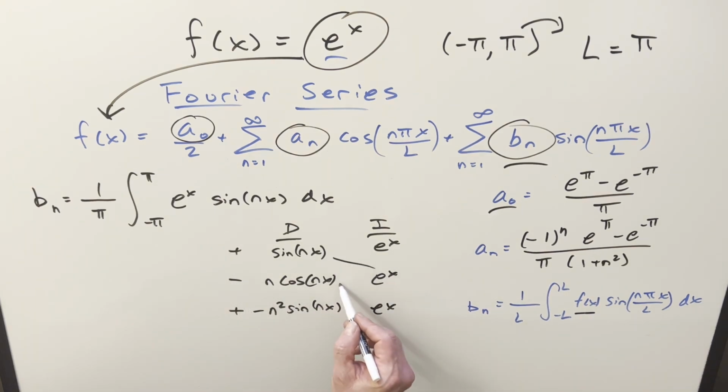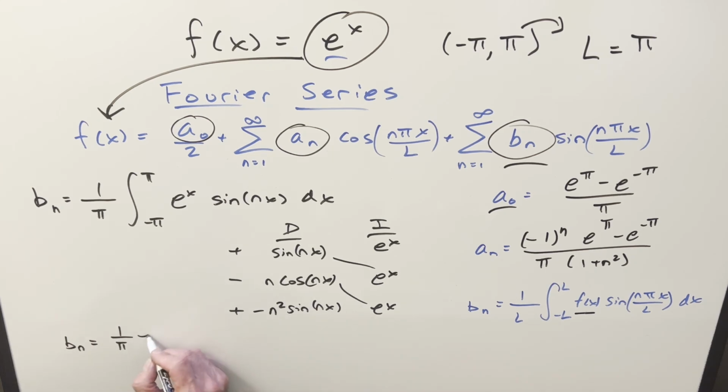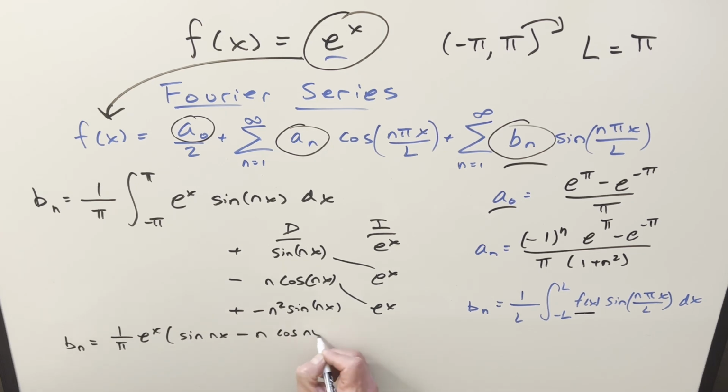Again, we've got our solution, or part of it, on the diagonals. Let's come down here, I think. So we've got our 1 over pi. Let's factor the e^x out front, and we're going to have sine nx minus n cosine nx. The same thing we saw before is going to happen here, where we found in the other one it was a sub n. This is going to be basically our b sub n.